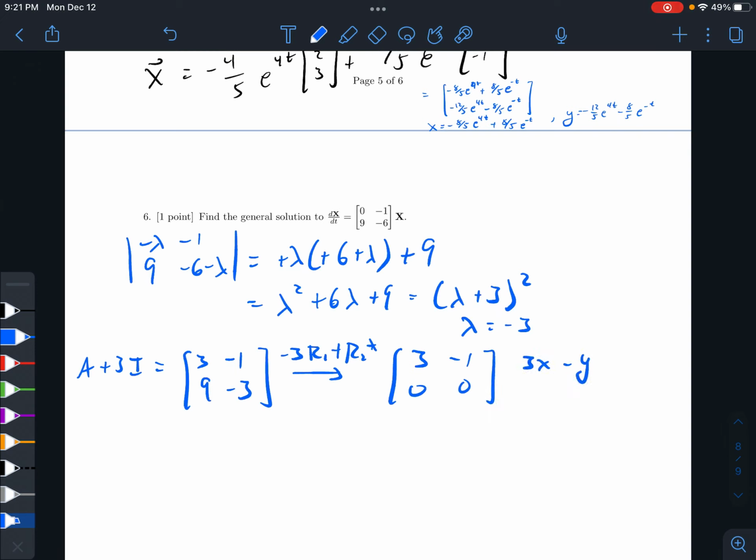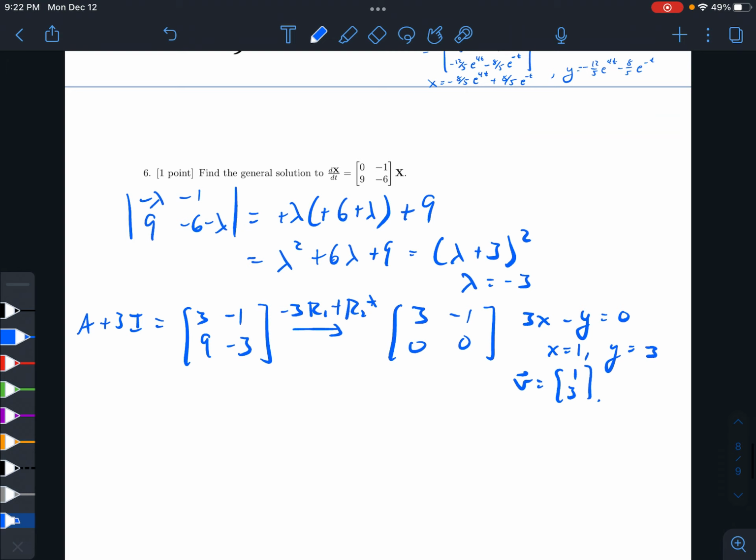Get this, which tells me that 3x minus y equals 0. So I can pick x equal to 1 and then y equal to 3. So 3 times 1 minus 1 times 3 is equal to 0. So our eigenvector v is equal to (1, 3).